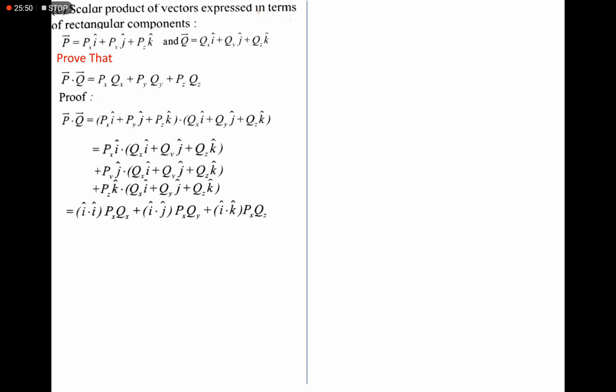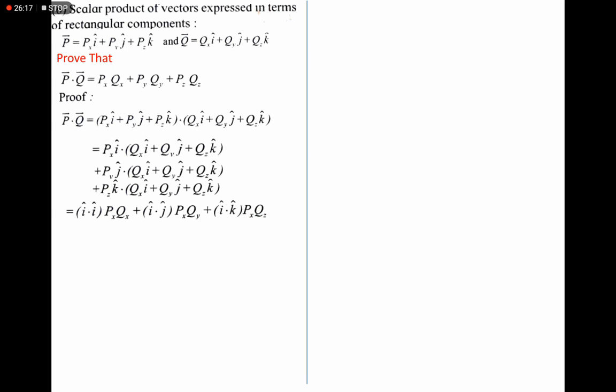So definitely the product we'll write in this way. That is i bar dot i bar, the unit vectors' product, is in a bracket, and Px Qx, the components, their product we'll write in this way. Here i bar dot j bar is Px Qy, i bar dot k bar is Px Qz.